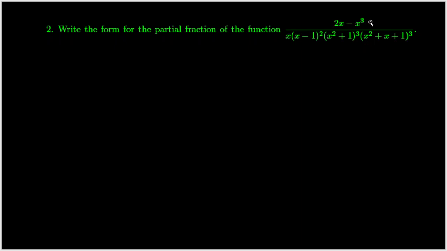Now I will use that particular question to show you how to write the form of the partial fraction decomposition. Of course, the first thing you do is to factor the denominator as far as possible. Now you follow my mouse cursor, okay? That's a linear factor. X is a linear function, right?